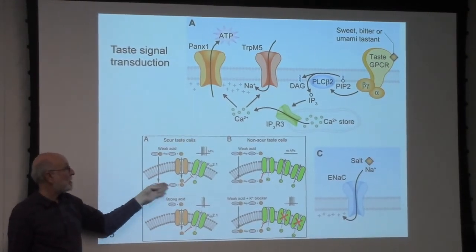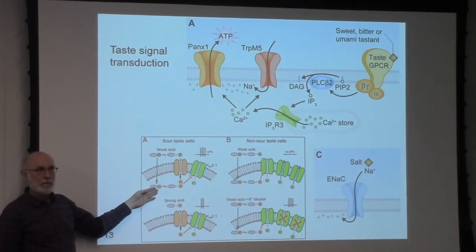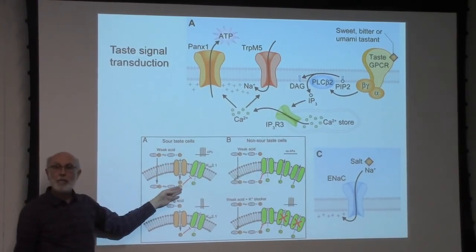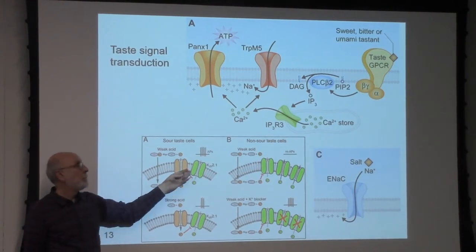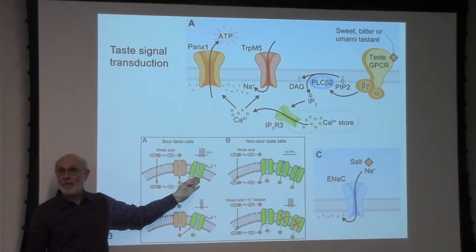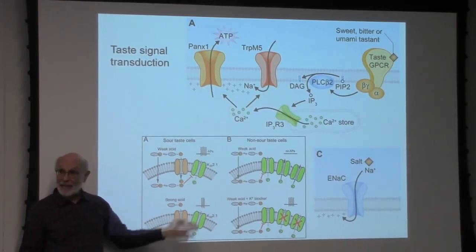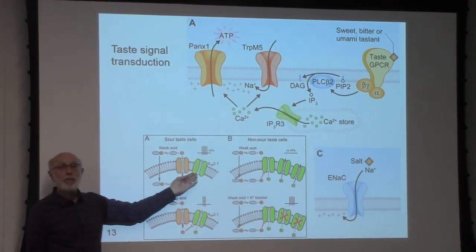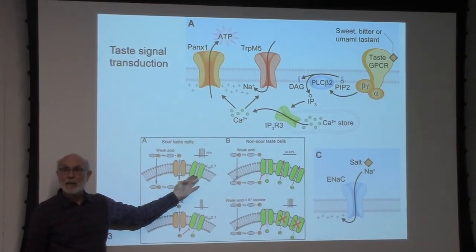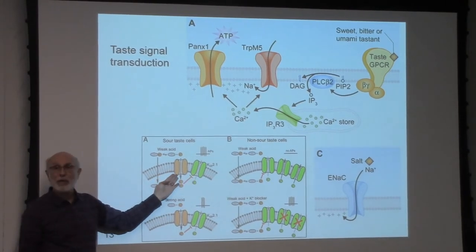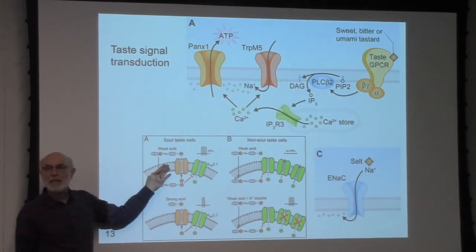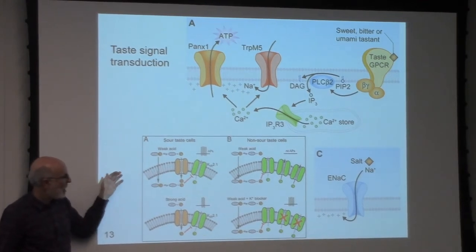And these protons, that either got there from diffusion through the membrane or proton movement through proton channels, block potassium channels. Going all the way back to the beginning of the semester, a block of resting potassium channels will allow depolarization.